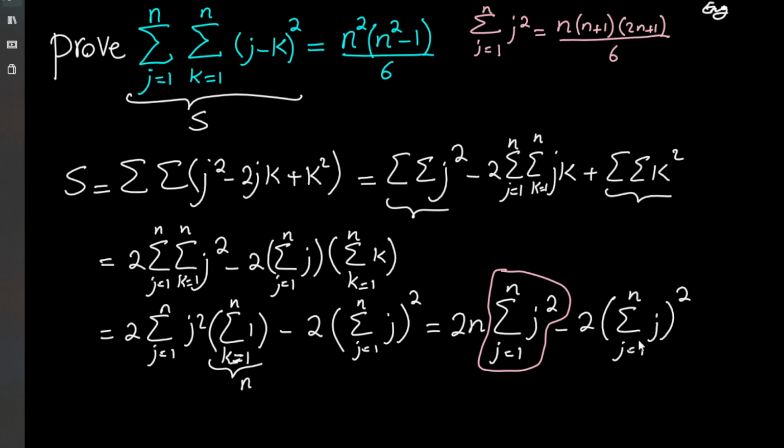And this one is also a well-known summation: sigma j from 1 to n of j is n times n plus 1 divided by 2.